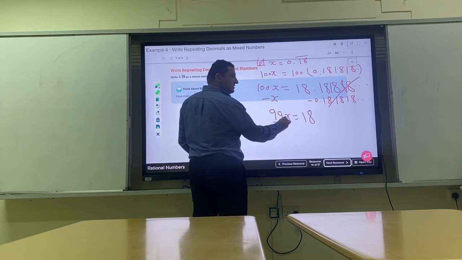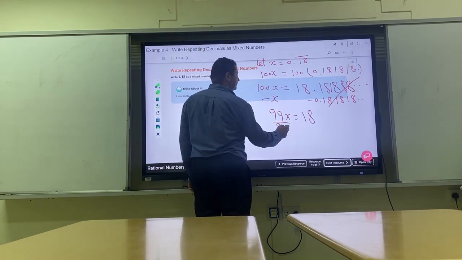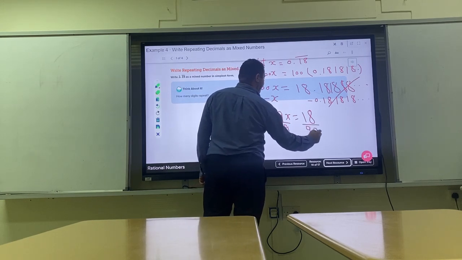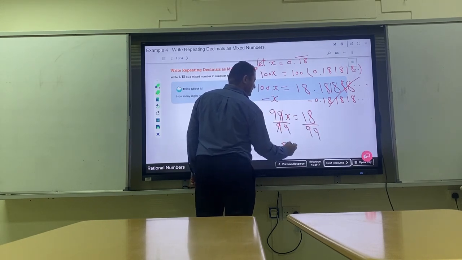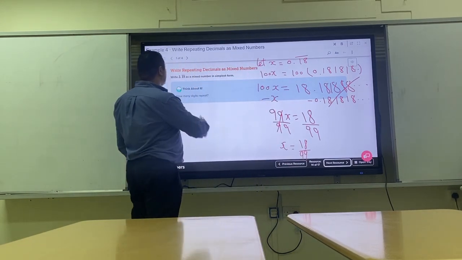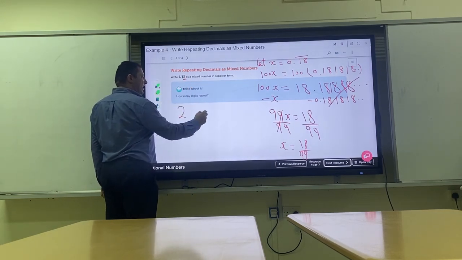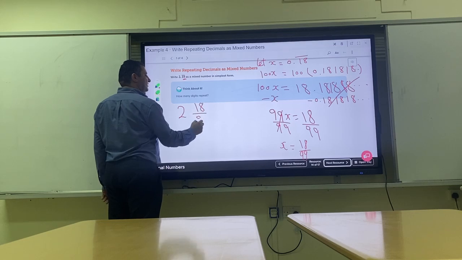When I need x, I will divide by 99 on both sides. So x now is 18 over 99. This x was this value only. So I have 2 and 18 over 99.